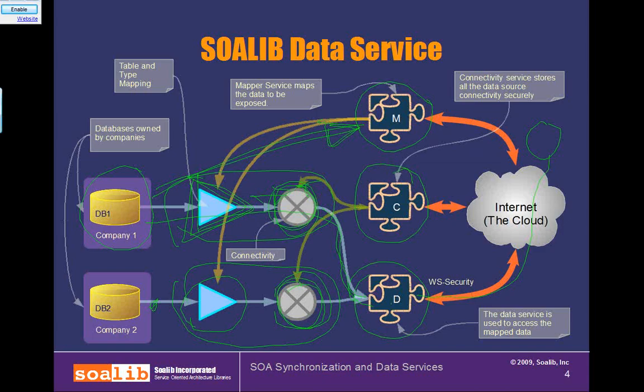So company 1 will go into the connectivity service and the mapper service and program their service to have the mapper and the connectivity information. Once the connectivity information is set, a client can now log into the service and, using these data services, can actually see the connection and see the database.